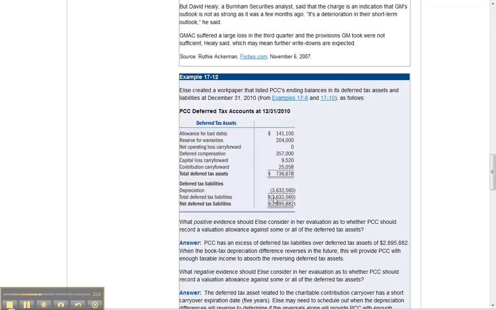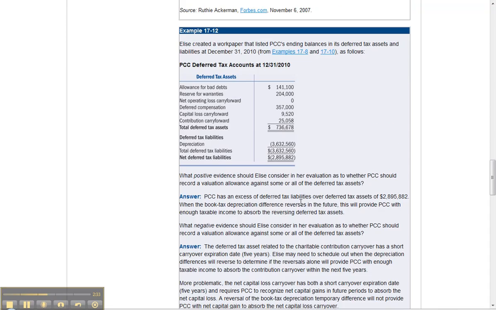And this is the schedule that nets the two of those down to a net deferred tax liability of 2.9 million. That amount is likely the amount that would show up on a balance sheet as the net deferred tax liability. In some cases, companies record an asset and a liability just in different spots on the balance sheet. Sometimes they net them.